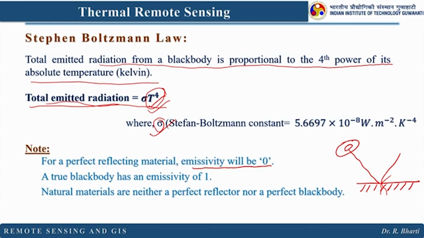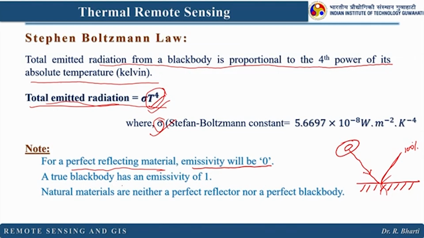So if we assume a perfect reflecting material, that means the total amount of energy falling on this surface will get reflected. So this will be 100% reflectance. In that case, all the other parameters will become 0. There is no absorption, so emissivity will be 0. This is very obvious.